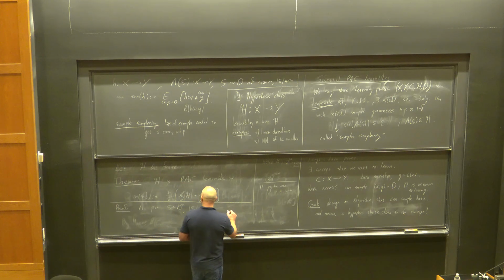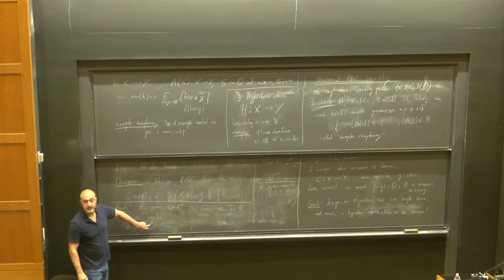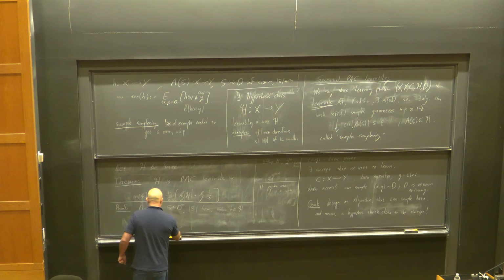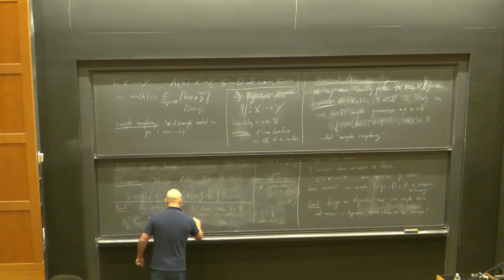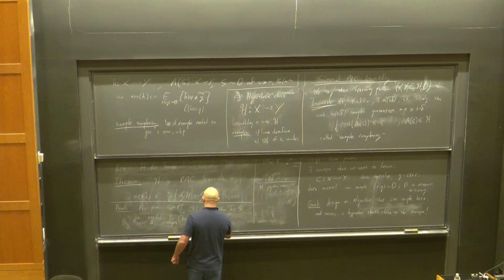Then return H from H such that the error of H subscript S, meaning the error on the sample, is 0. That is, the probability, if I pick X, Y from the sample, that H of X is not equal to Y is 0.